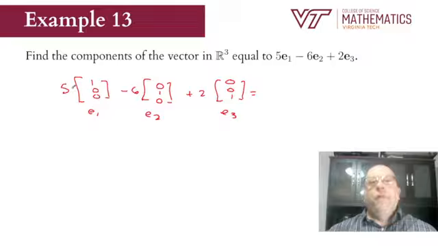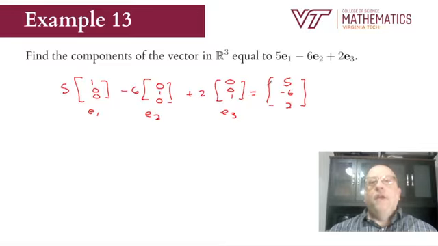And so when we multiply this together, in the top row, we get 5 times 1, plus negative 6 times 0, plus 2 times 0, which is just 5. In the middle row, we get 5 times 0, minus 6 times 1, plus 2 times 0. And then our bottom row, we get 5 times 0, minus 6 times 0, and 2 times 1.